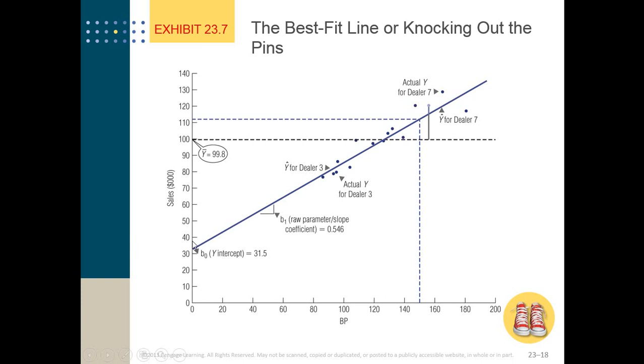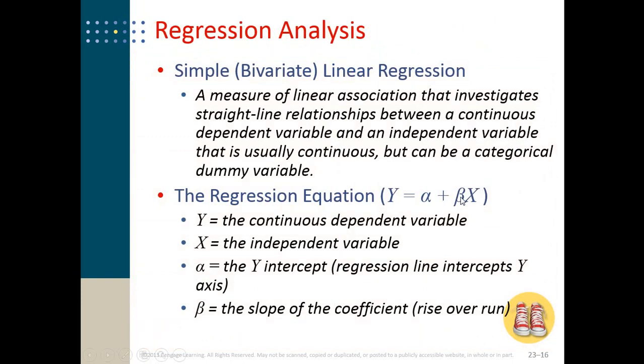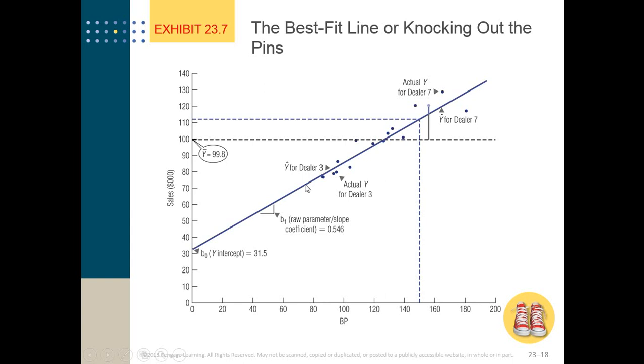Now, where does this line come from? This is actually the regression line we draw by estimating that regression equation. And the slope of this regression line is the beta of this regression equation. This beta is the slope of this line. The slope of this line is rise over run.